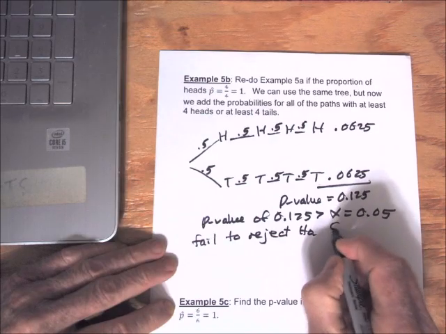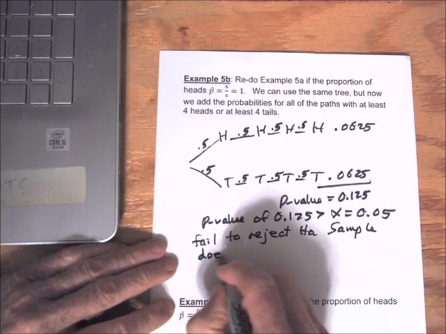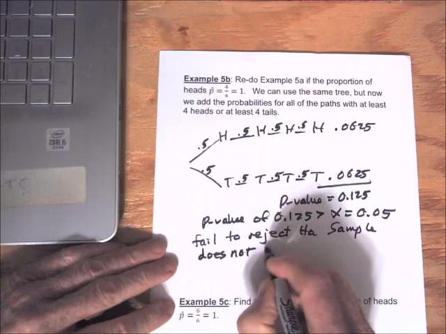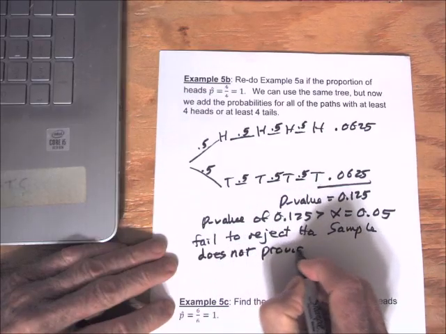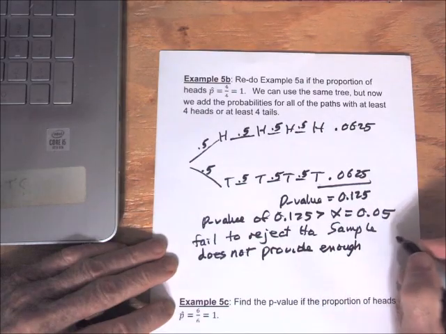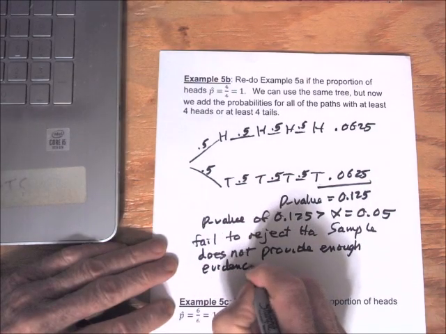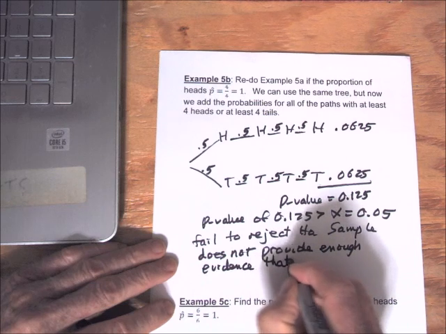Sample does not provide enough evidence that the coin is unevenly weighted.